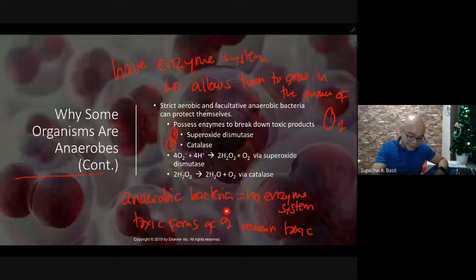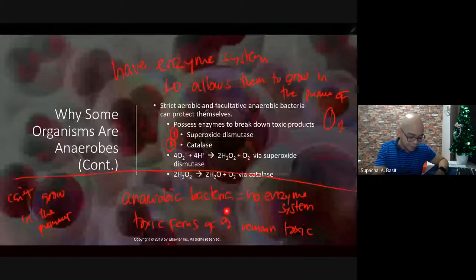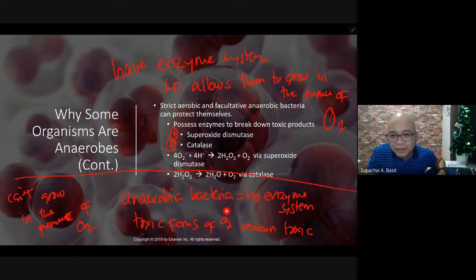Hence they can't grow in the presence of oxygen because they lack the enzyme system. I hope that's clear. If you have any question, you can always interrupt me. So I hope that's clear. Anaerobic bacteria do not have the enzyme system.